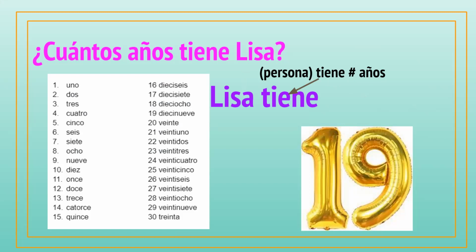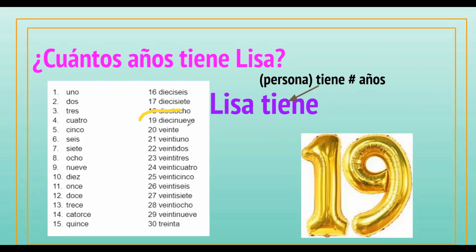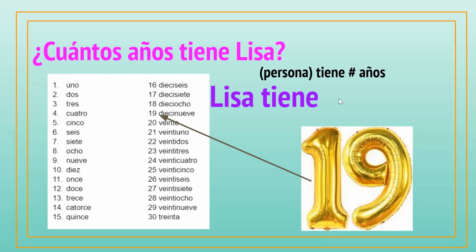Good. So we have Lisa tiene, and to finish up our example, we need to put how many years that she has. If we look at our chart, the number 19 in Spanish is 19. All right, now that we found that, let's go ahead and write our complete answer. Lisa tiene 19 años.